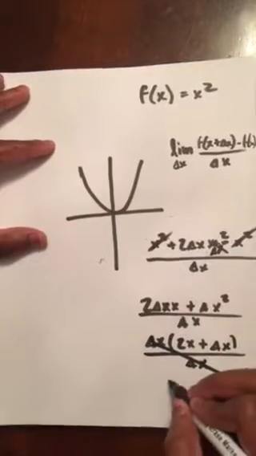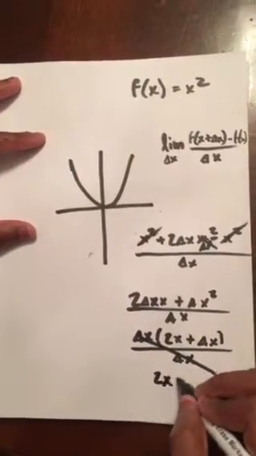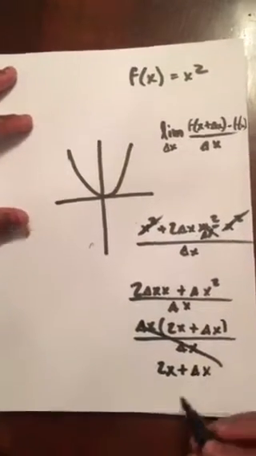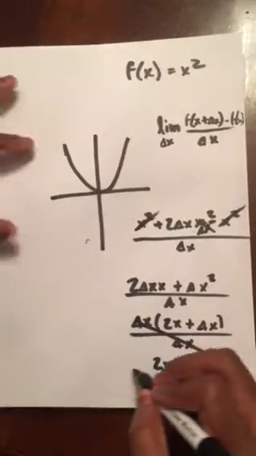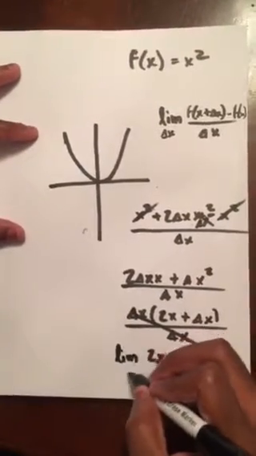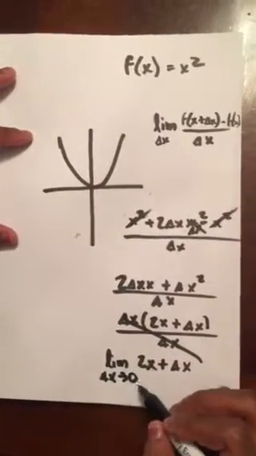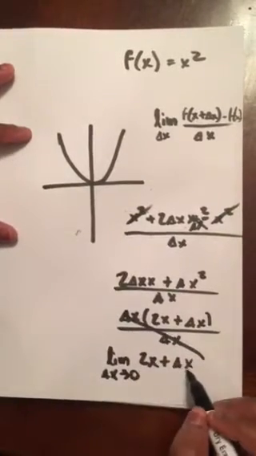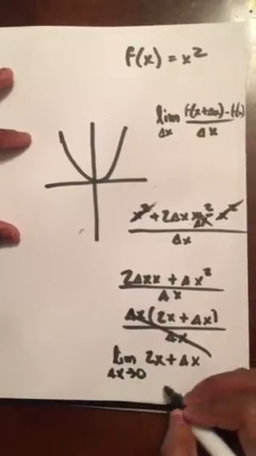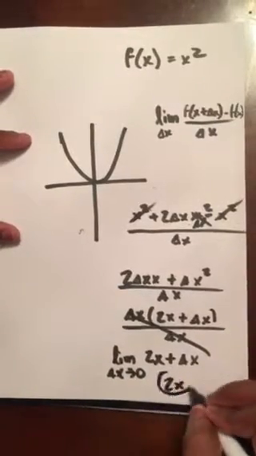These two will cancel out, leaving us with 2x plus delta x. Now, using the formal definition, we're going to plug 0 in for delta x, leaving us with 2x.